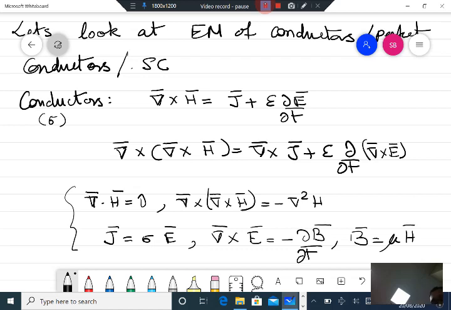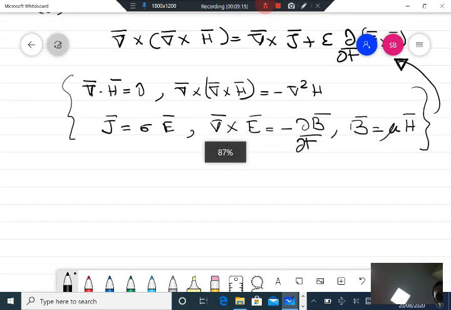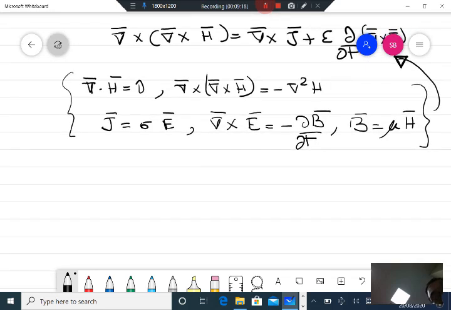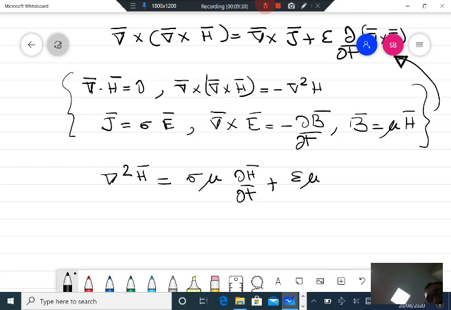If you use all of these and put them together, you can get an expression which is that del square H is sigma mu del H by del t plus epsilon mu del square H by del t square. So this is a well-known form for the magnetic field.